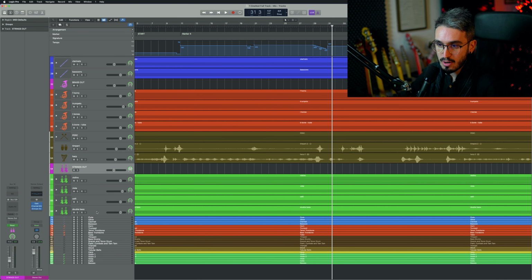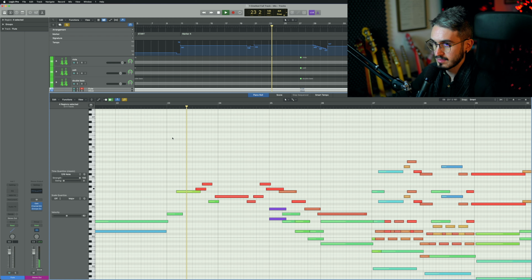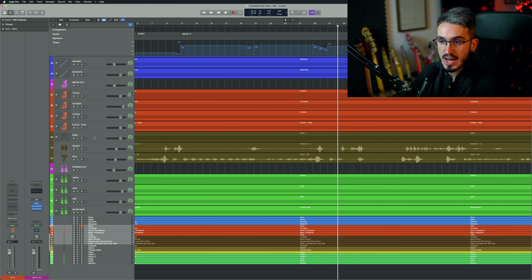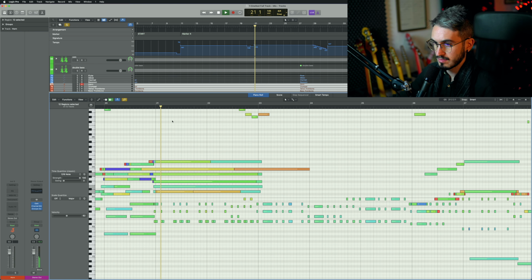So let's now play the woodwinds. And finally, brass together with percussion.